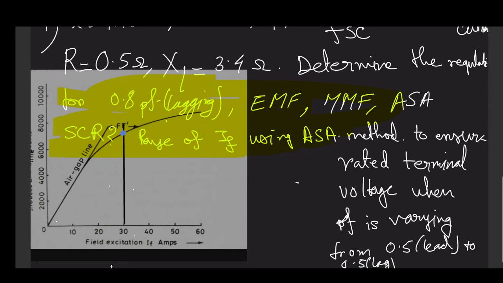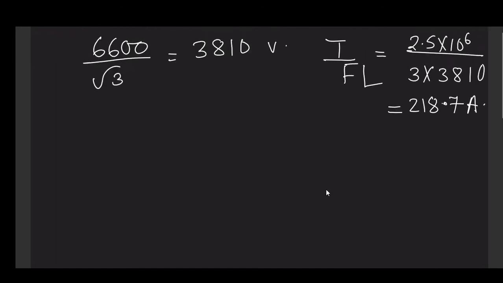So what is the value of this voltage? It is likely, as per the book, 7160. So let us make it 7160.